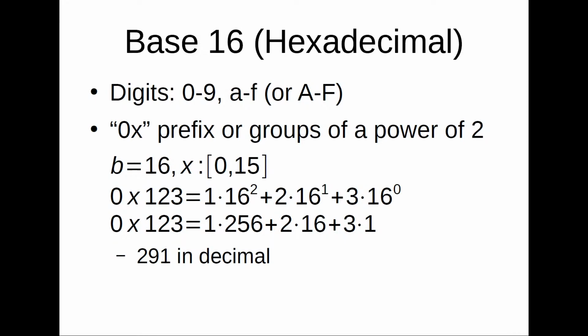So we needed some other digits for values 10, 11, 12, 13, 14, and 15, because we can't just write 10, 11, whatever. So the easiest option was A through F, because they're the first letters. And 0x123 is 1 times 16 to the second plus 2 times 16 to the first plus 3 times 16 to the 0, which then becomes 1 times 256 plus 2 times 16 plus 3 times 1, which is 291 in base 10.